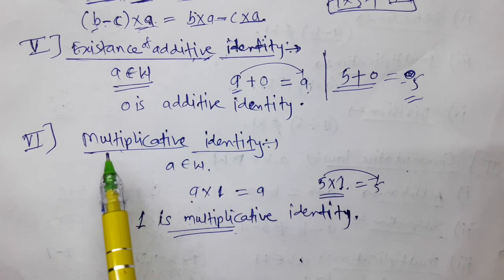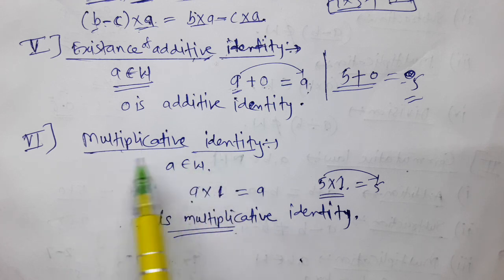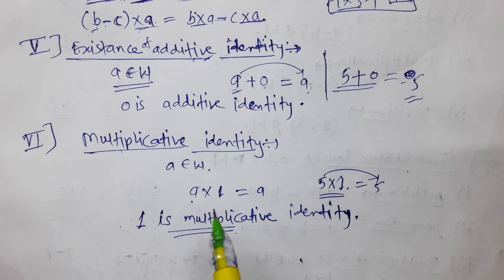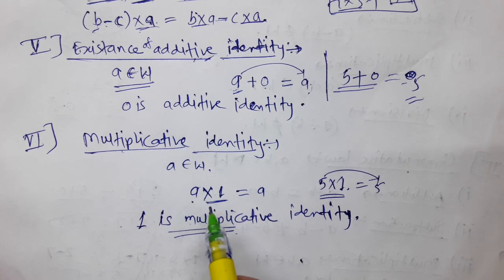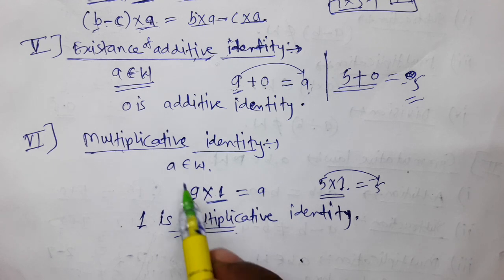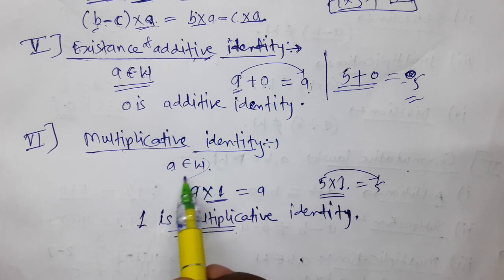Next, there is multiplicative identity. Now for multiplicative identity, we have to perform the operation of multiplication. A is a whole number: small a belongs to capital W means A is a whole number.